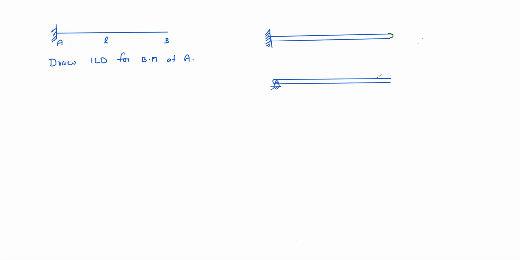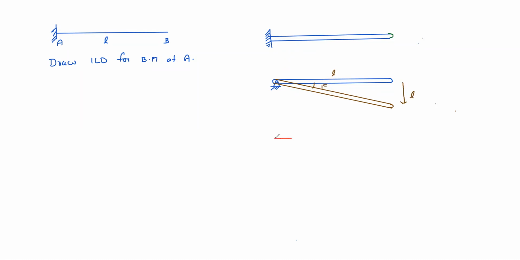Make it hinge. That means remove the bending strength and give unit rotation. See, left side is not there for this, only right side is there. Right side clockwise, give rotation. Okay. So L means this also will be L because it is 1 radian.